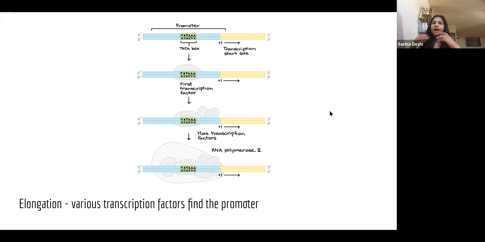So basically what will happen is when transcription is supposed to start, a bunch of activators will bind to it. And when it's not going, maybe inhibitors will be bound, and then a ligand will come in and change the structure of the inhibitor, creating an activator. But basically, all these transcription factors enable RNA polymerase to bind. And there are a ton of transcription factors. It's kind of like a whole complex, with RNA polymerase being the main enzyme.